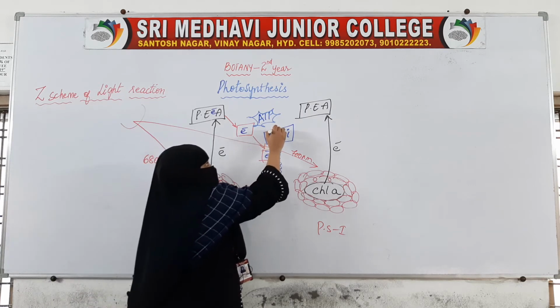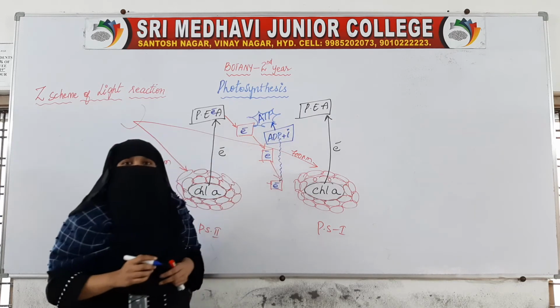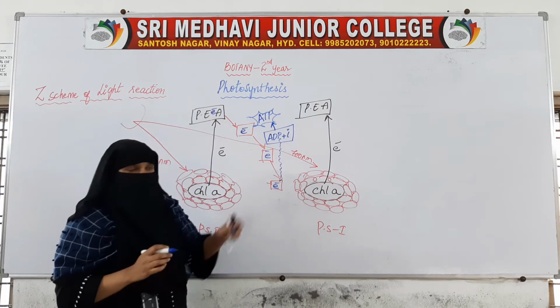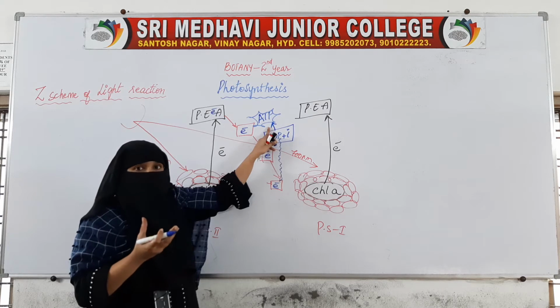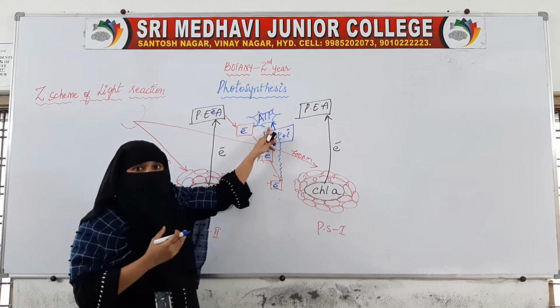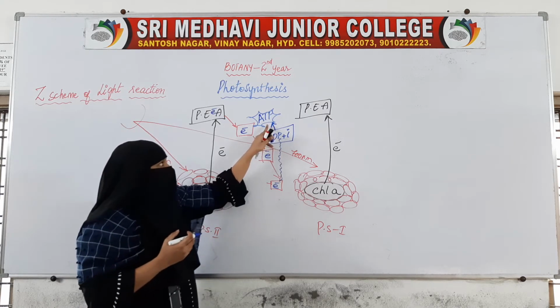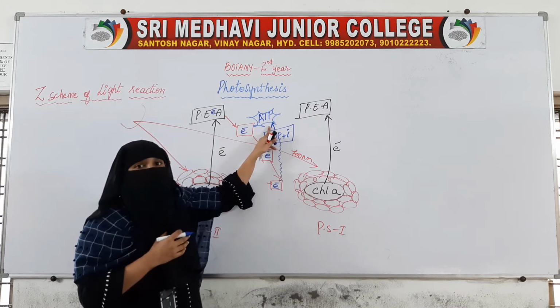Because of this combination, ATP is formed. ATP, we all know, is an energy rich molecule. It is a molecule which stores the energy. So here ATP will be formed.